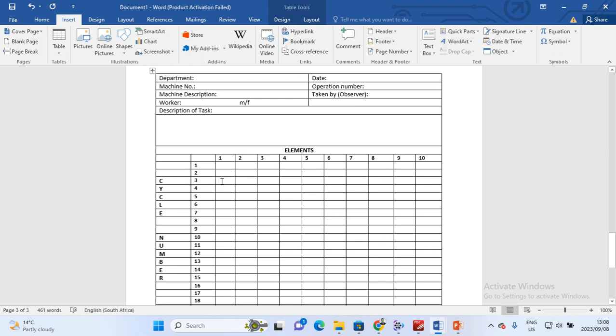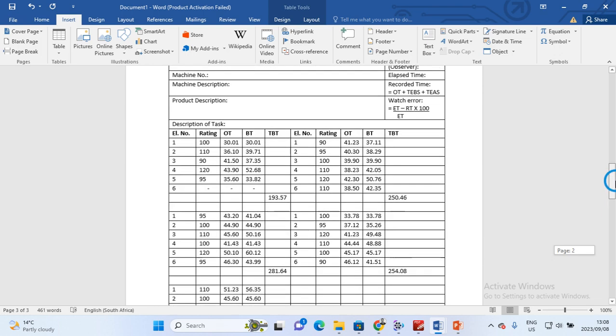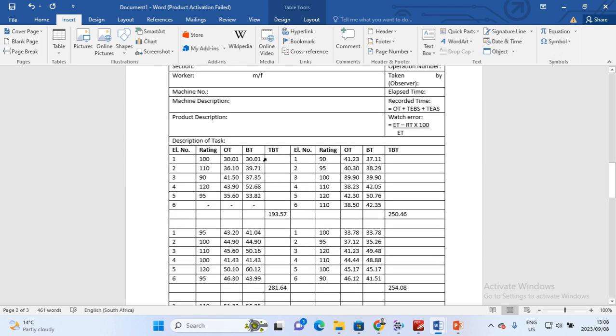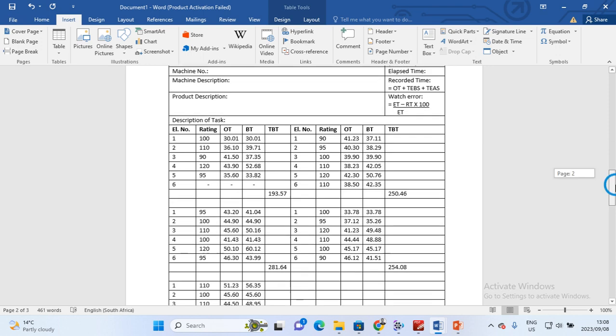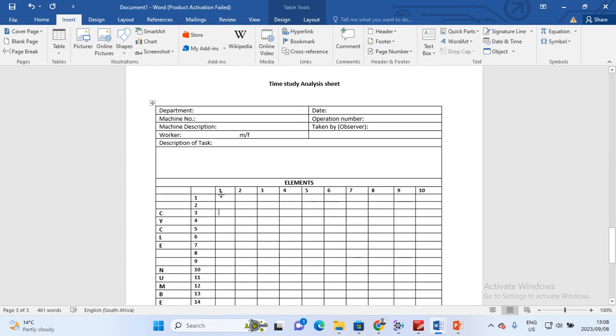What do I mean? You come back here. In your basic time, we are using the basic time, not the observation time. Basic time, which is 30.01 in our first cycle, and that's how you're going to fill 30.01.